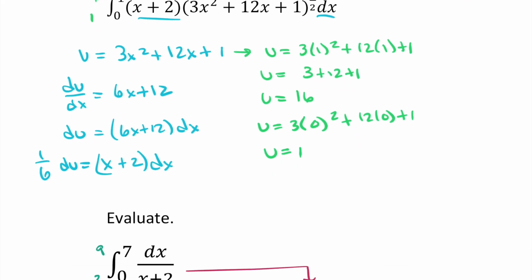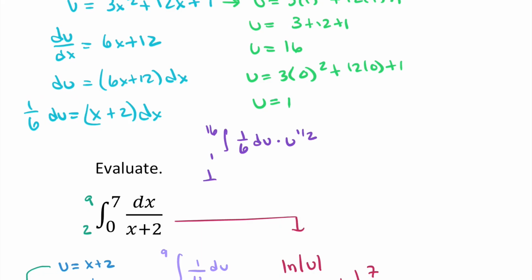So my integral now is 1 to 16 of, let's see, x dx. That's 1/6 du. And then it's u to the 1/2 power. You can move the 1/6 outside, and then we'll just say it's u to the 1/2 du.